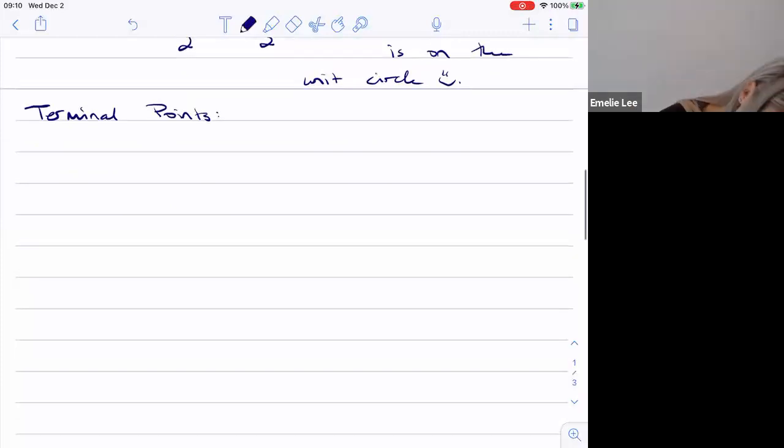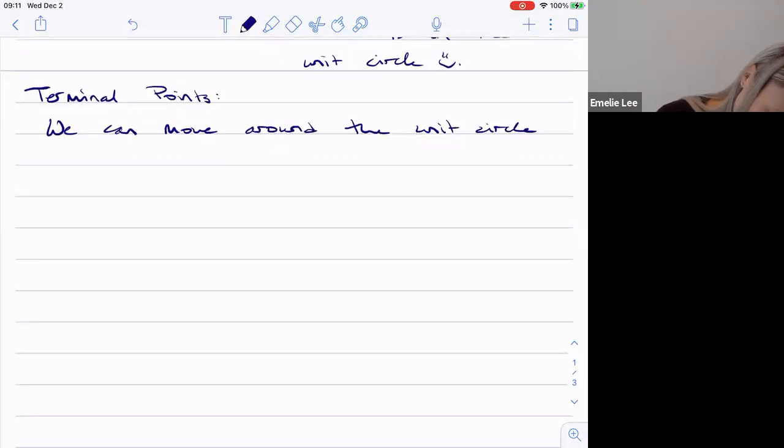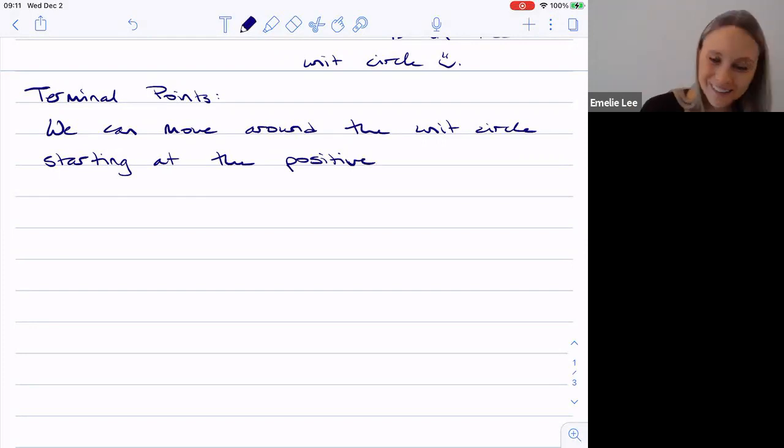So we can move around the unit circle, starting at the positive x-axis.